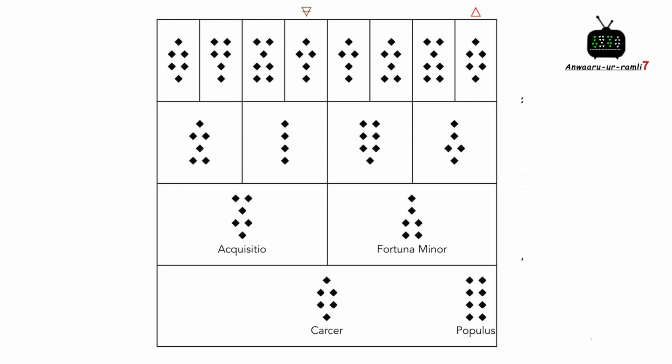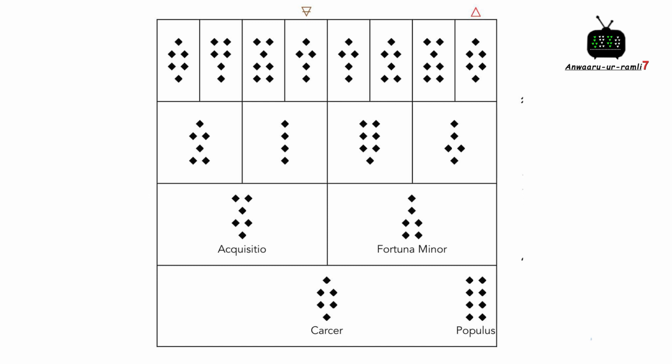The vision of Cassia is Tristitia. Tristitia comes in the 10th house in this sand. Therefore, you can conclude that Tristitia is the vision of Cassia, and it comes in the 10th house.